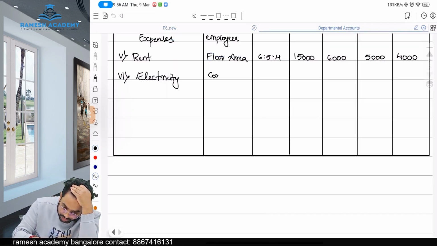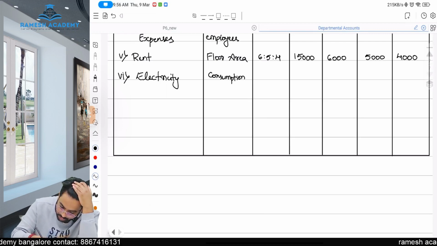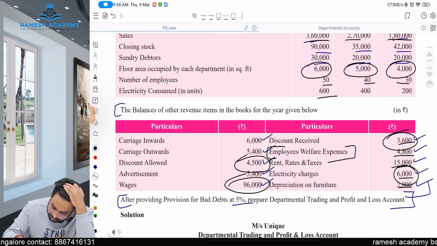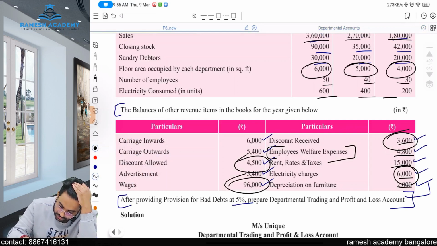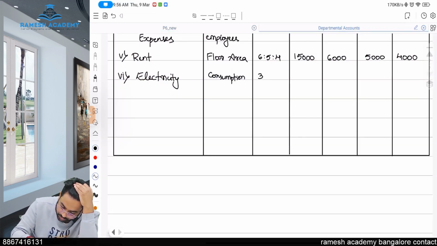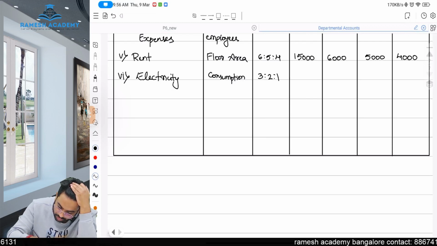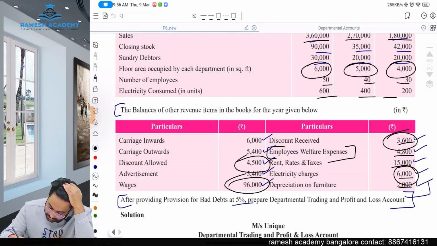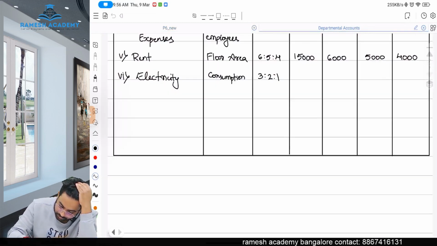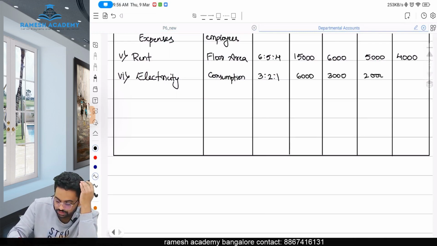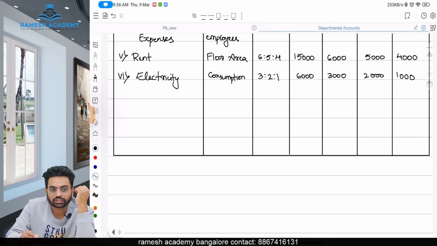Basis is consumption. What is the ratio? 600, 400, 200 is 3:2:1. How much is the expense of electricity? 6,000 is the expense. So 6,000 divided by 6 is 1,000; 1,000 into 3 is 3,000, into 2 is 2,000, into 1 is 1,000. Okay, sir, done.